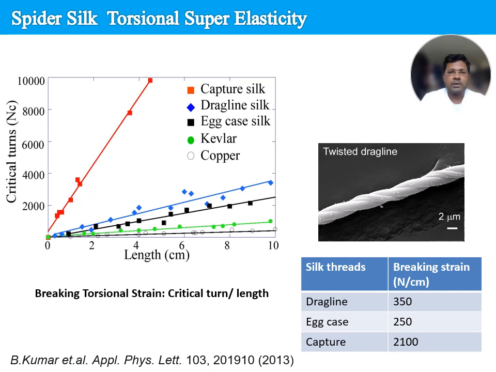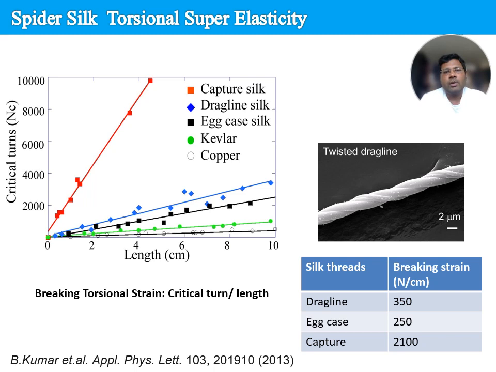To collect pristine draglines, spiders were made to jump from a small plastic rod, following which it suspends itself from the dragline. The capture silk was carefully collected from a freshly made orb web. The outer egg case threads are unwoven from the egg sac made by the spiders in plastic boxes. This procedure was standardized to minimize any stretching and twisting during silk extraction. The typical diameter of these silks was around 2 to 6 micron.